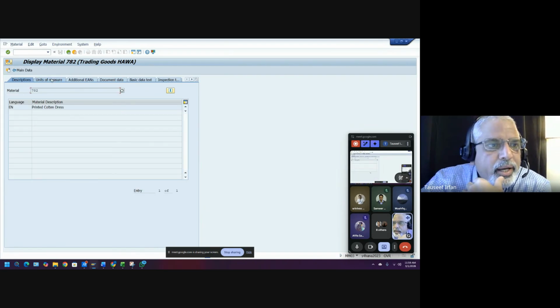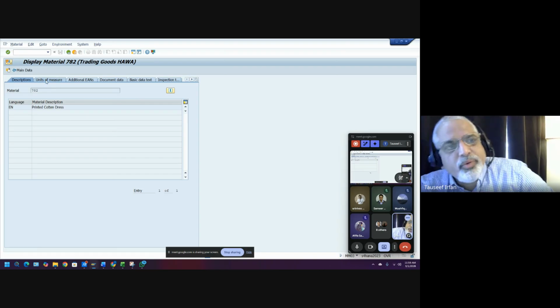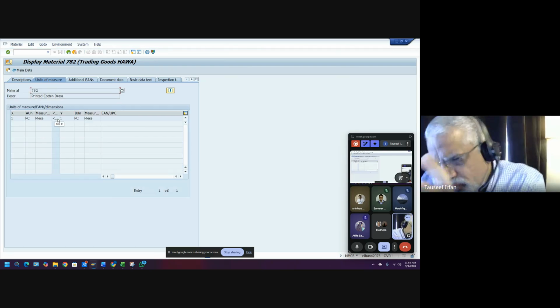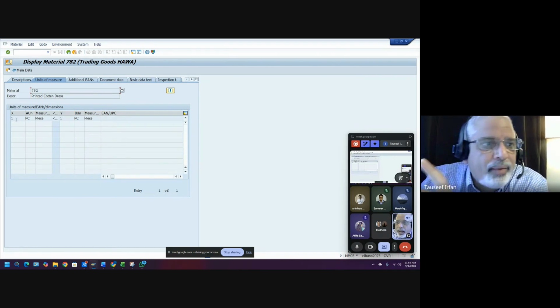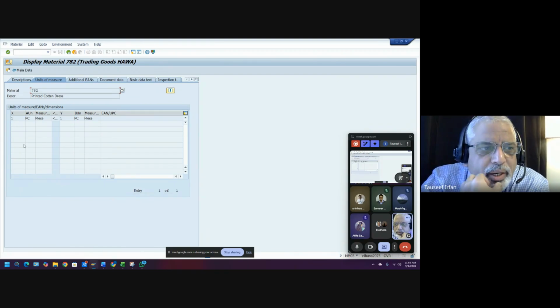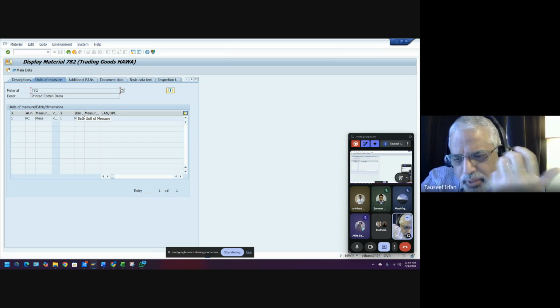Here the most important one you have is what? The unit of measure. We will learn the unit of measure configuration in SPRO, and then we also have the opportunity to do it here, so we'll learn both sides. The relation, like one box is equal to 10 units or 10 pieces.